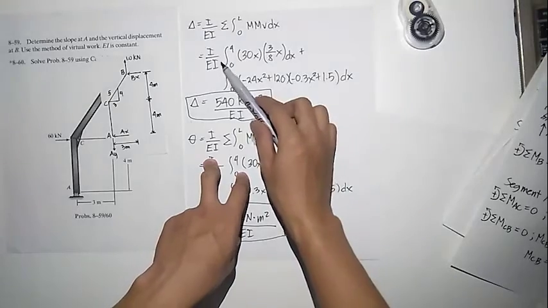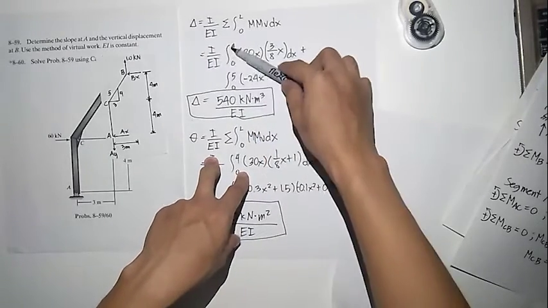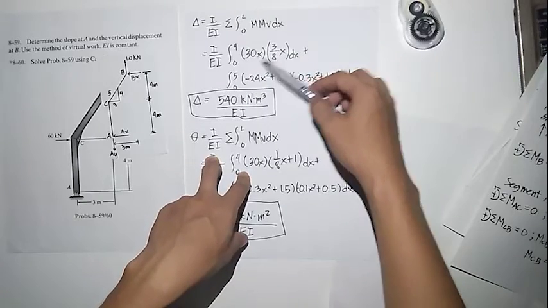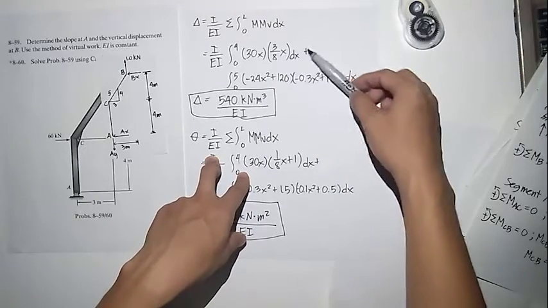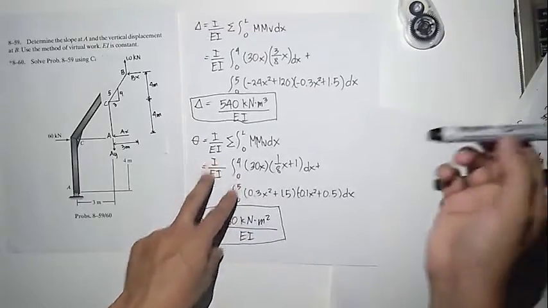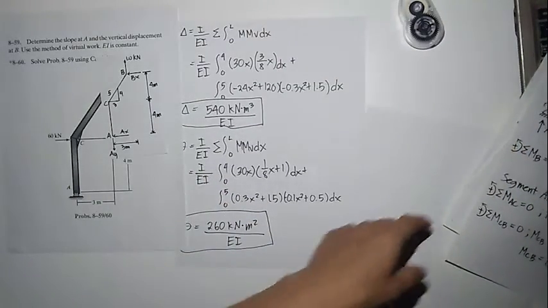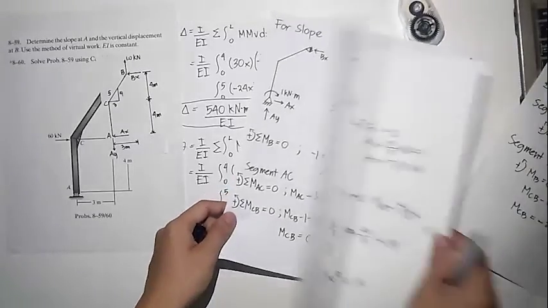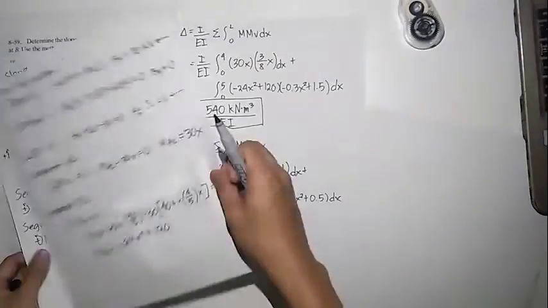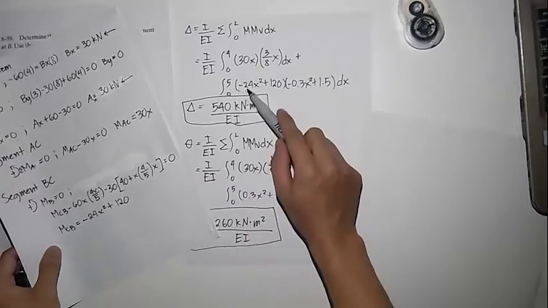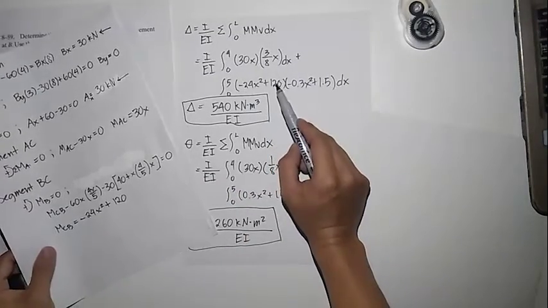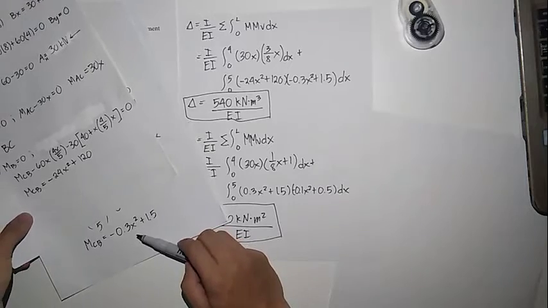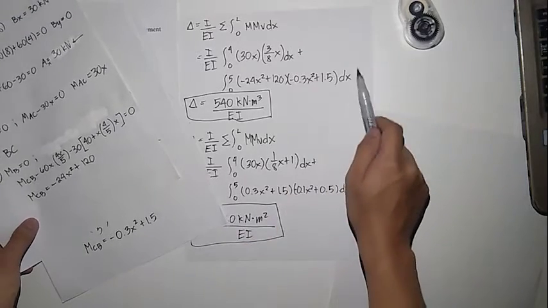So, 1 over EI integral from 0 to 4 times 30x times 3 over 8x dx plus, from MCB, minus 24x squared plus 120 times 0.3x squared plus 1.5 dx.